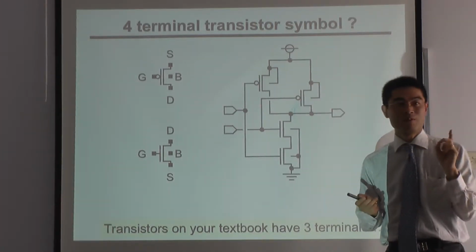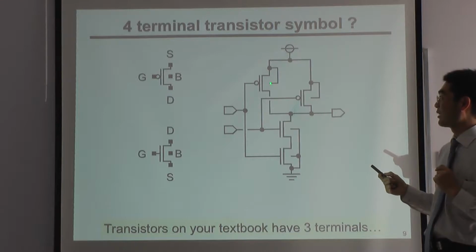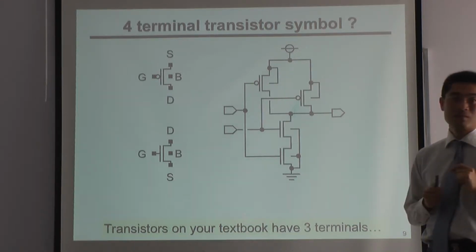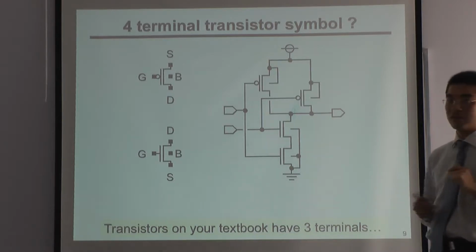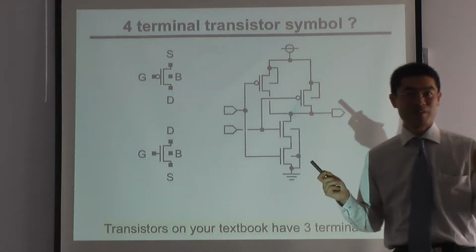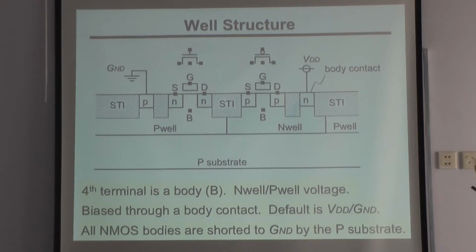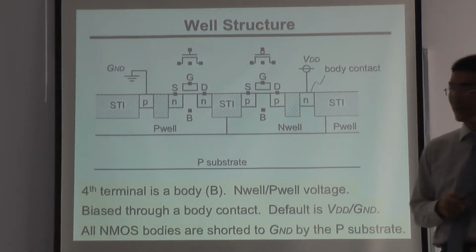And maybe you were told that the body terminal of PMOS should be VDD and the body terminal of NMOS should be ground. Sometimes with no reason. But we have to understand what it means.